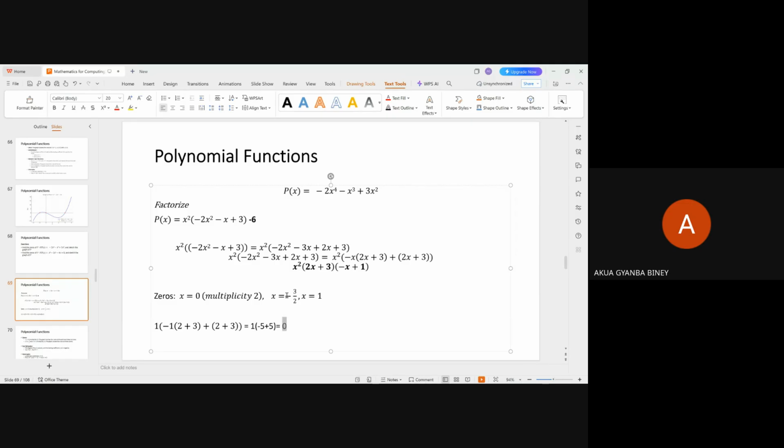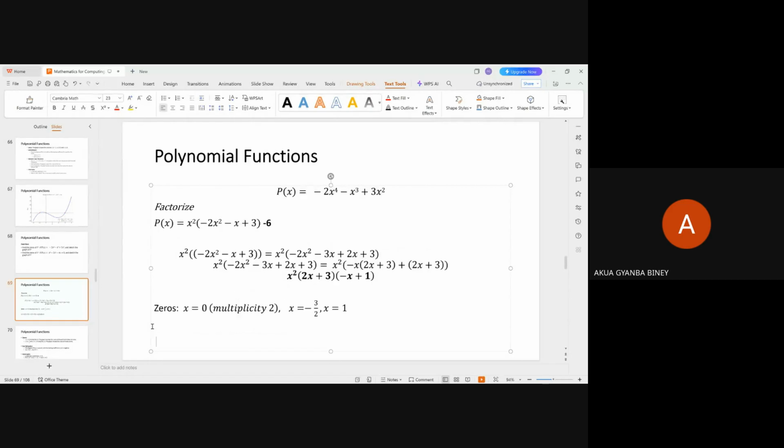Then if x is equal to minus 3 over 2, if I put it in here, I would also get 0. That one you can try on your own. So these are the zeros of this equation.